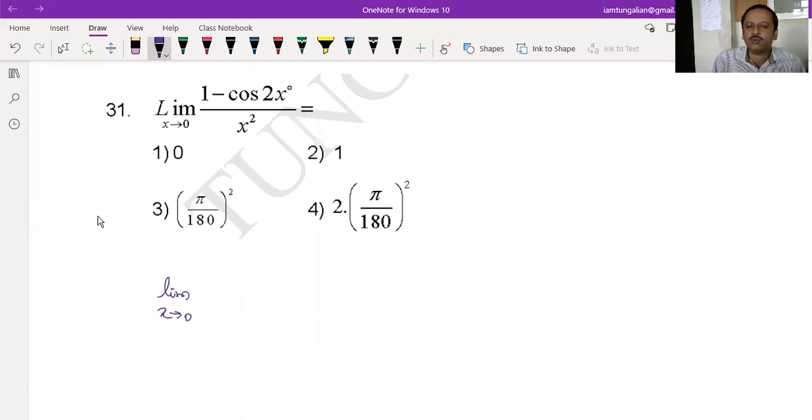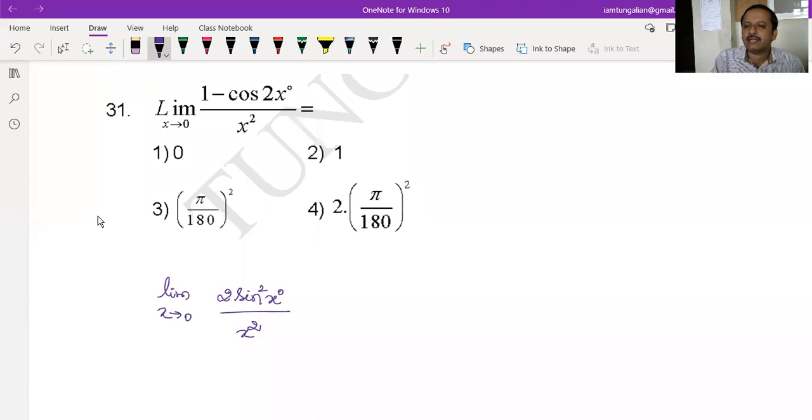Before that, I will use the 1 minus cos theta formula. 1 minus cos theta is equal to 2 sin square theta by 2. So this will give you 2 sin square x degree divided by x square. See, if it were in radians, then directly sin square x by x square would have been 1, so 2 into 1, the answer would have been 2.